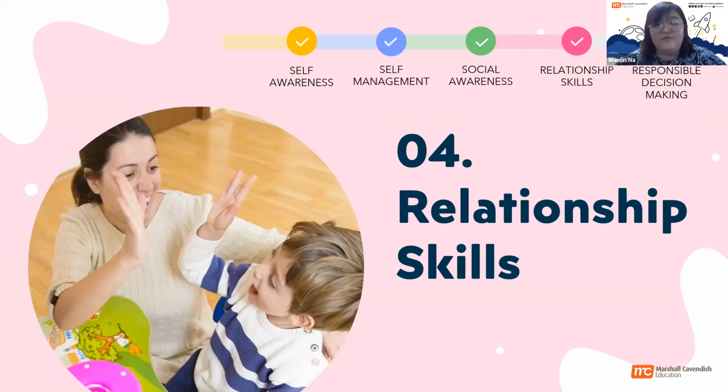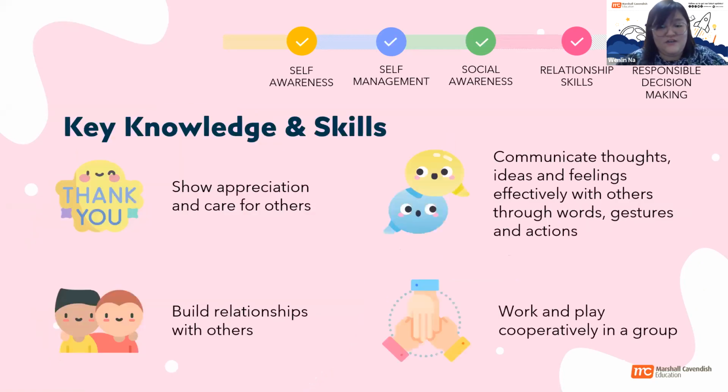Next, we have relationship skills, which is actually the fourth key area of the social emotional learning framework. Under relationship skills, children need to learn that there are many possible outcomes to a difficult situation, and each of them has a role to play. As teachers, we need to give children the opportunity to solve problems and resolve conflicts themselves.